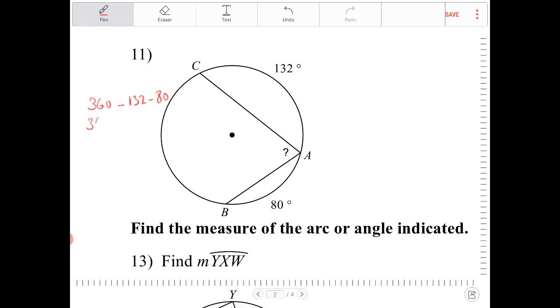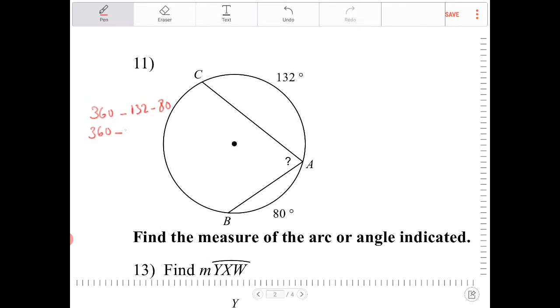So this is the same thing as 360 minus 212, and that would be equivalent to 148. So then angle CAB is equal to 74 degrees.